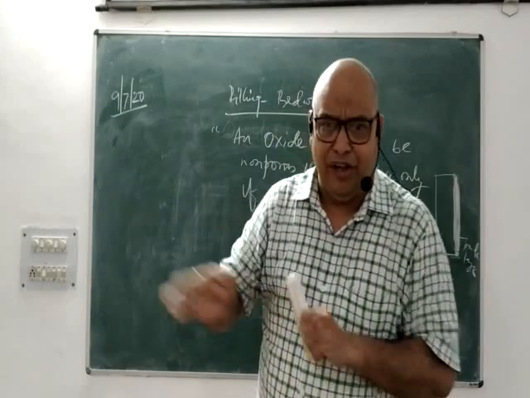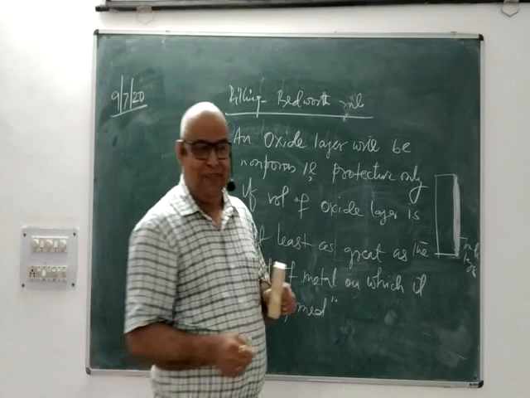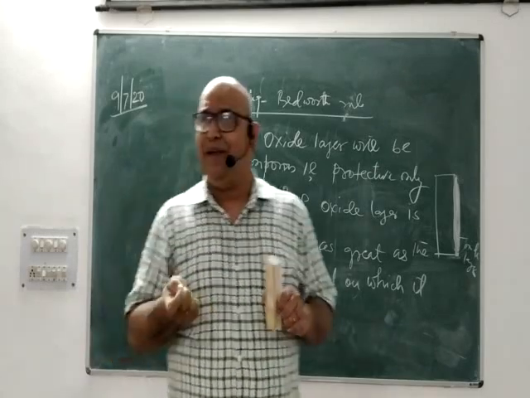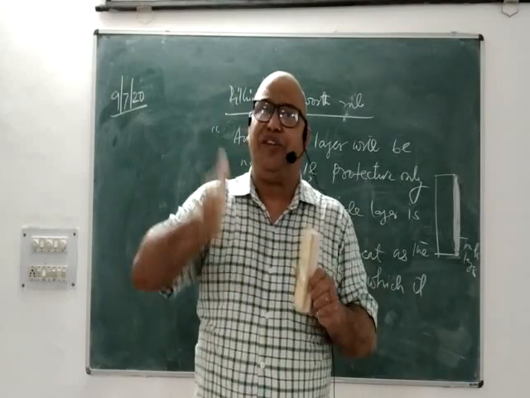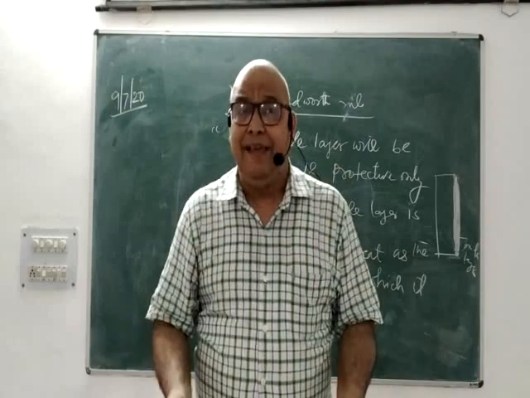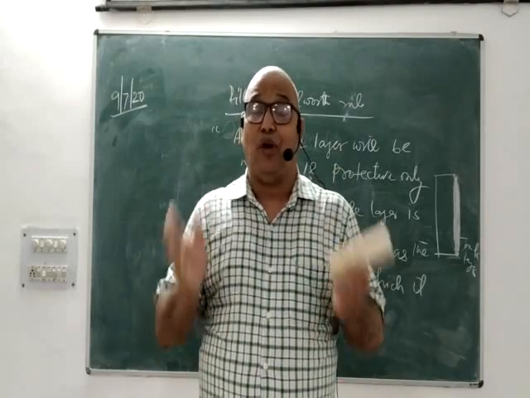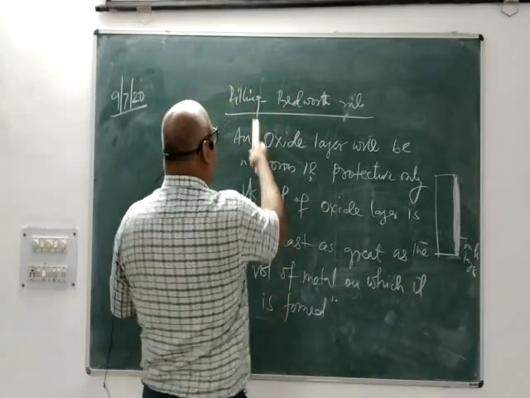Through these cracks, corrosion will continue. But in the case of a metal like aluminium, the volume of the oxide will be at least equal to the volume of aluminium on which it is formed, and therefore there will be no stress, there will be no crack, and ultimately corrosion will be stopped. This is what we have seen so far.